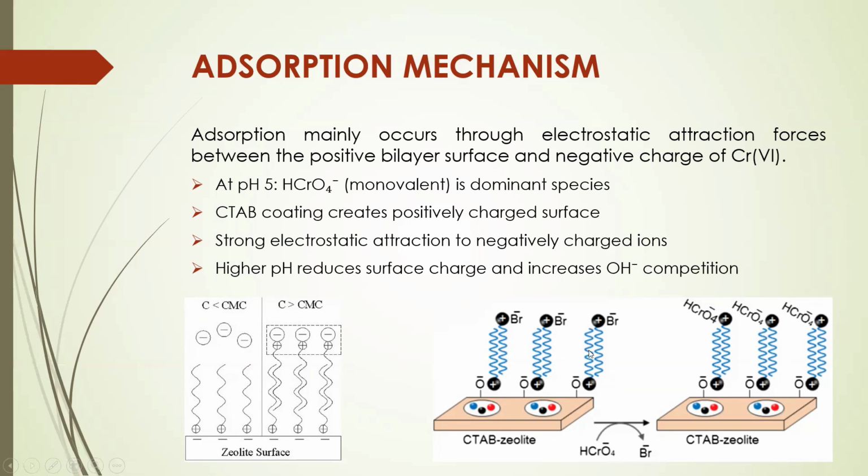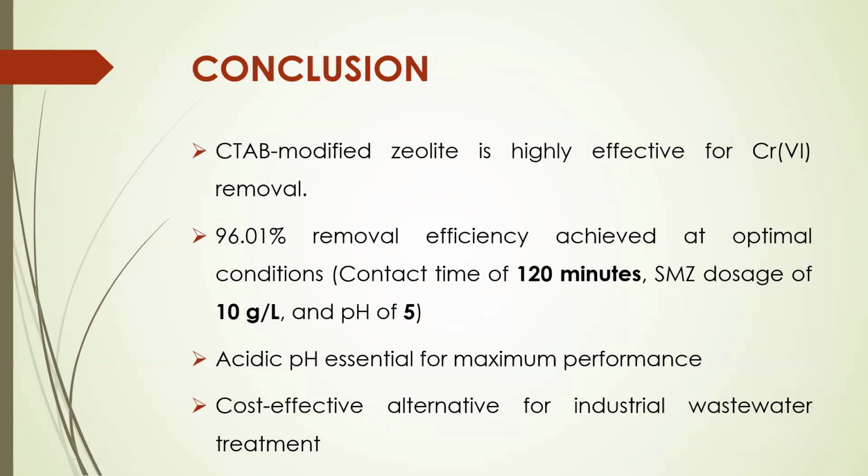At our optimum pH of 5, the dominant chromium species is the monovalent hydrogen chromate ion. When pH increases, several unfavorable things happen simultaneously. This is why acidic conditions, specifically pH 5, are essential for maximum performance.